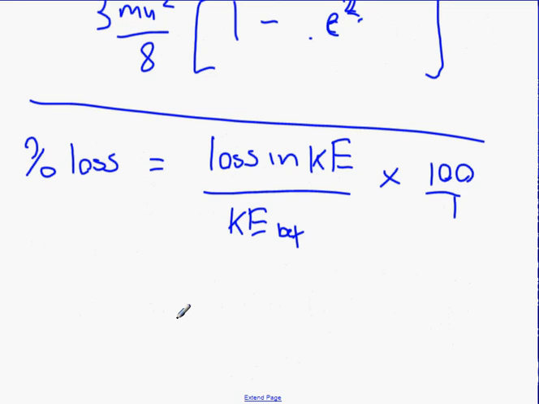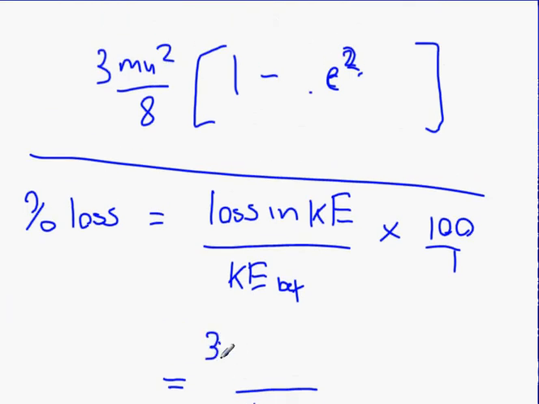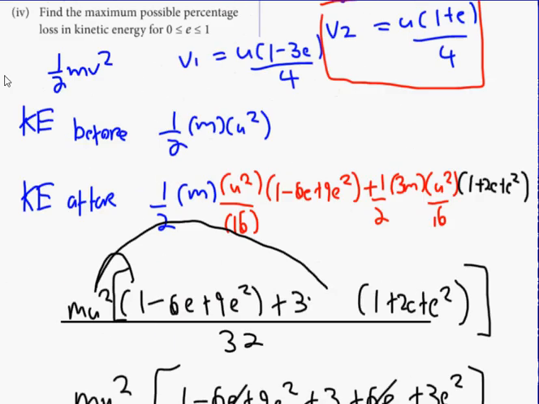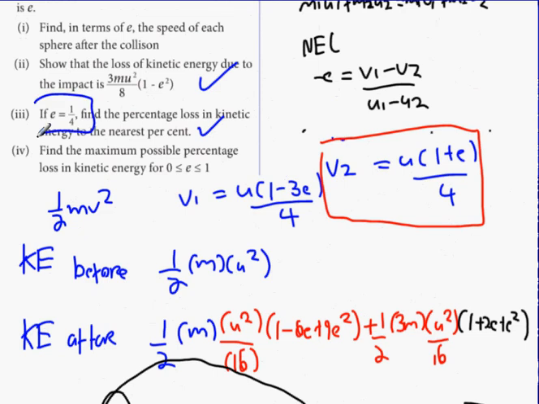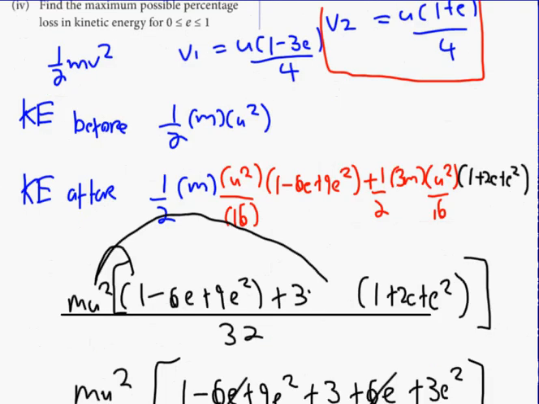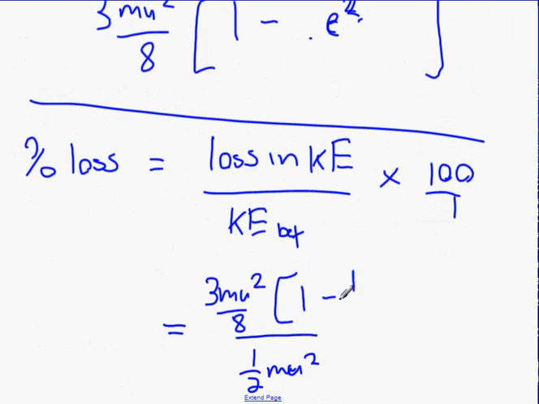KE before was a half mu squared, right? Loss is the same thing as 3 mu squared over 8 into 1 minus e squared. Now what's e squared? e is now going to be a quarter, so e squared will be 1/16, by 100 over 1.